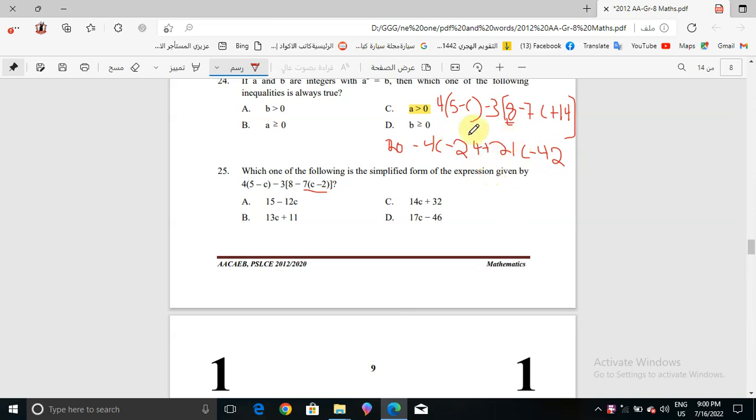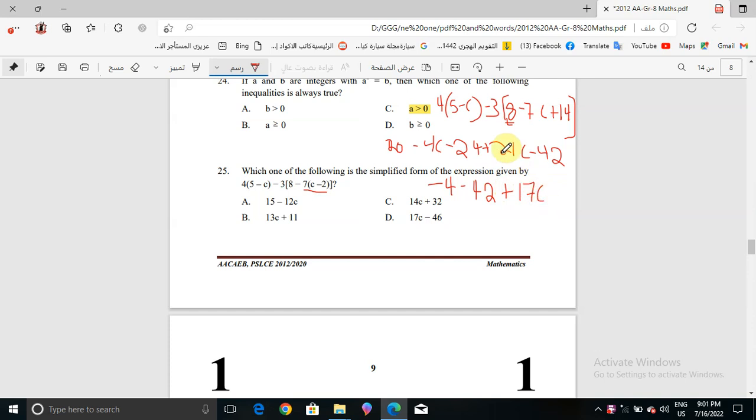Okay, now what we will do here, we'll simplify. First of all, we will collect the like terms together. Here we have 20, negative 24, and also negative 42. So 20 minus 24 will be negative 4, then minus 42, then plus 17c.